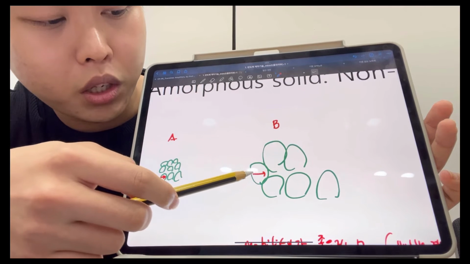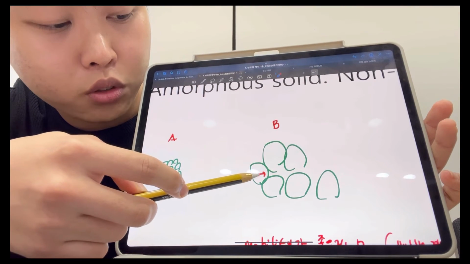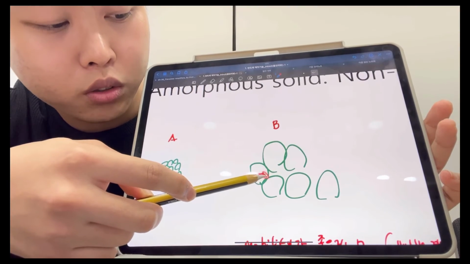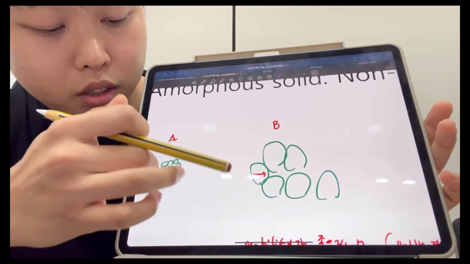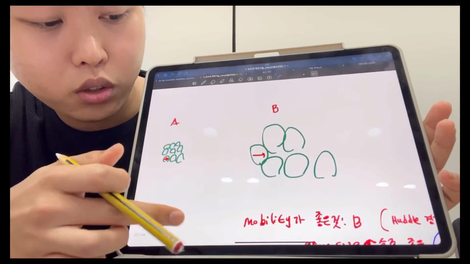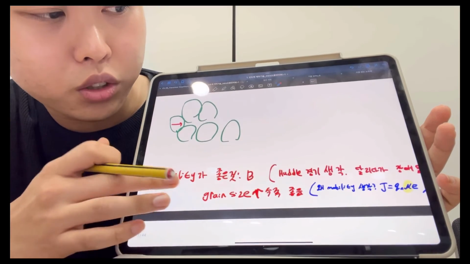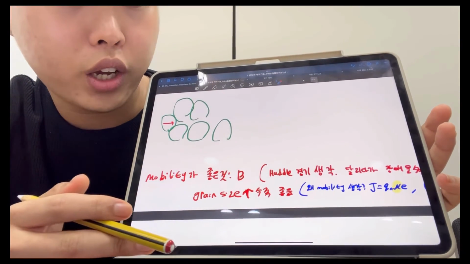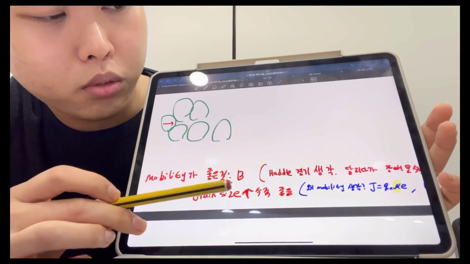Let's have a look at B. At the same time the electrons run, and they will meet hurdles more or less than in the A molecules. So if the mobility is good, by Ohm's law, J equals q n mu E, where mu indicates the mobility.